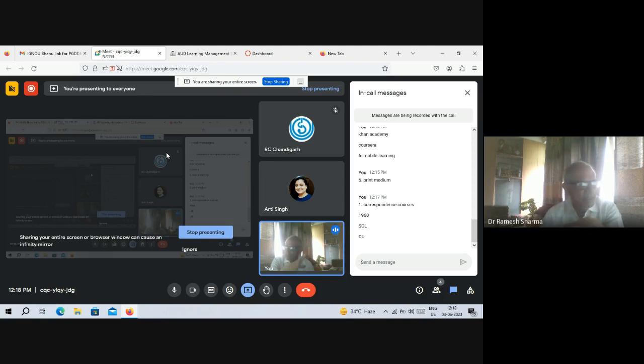Basically, it started in the 19th century as a precursor to distance education, where the instructional material was sent by post, because during those days there was no email. You send it to the post office, the post office will deliver it at their own place, and the students can study at their own pace, write their assignments for feedback and have their examination.